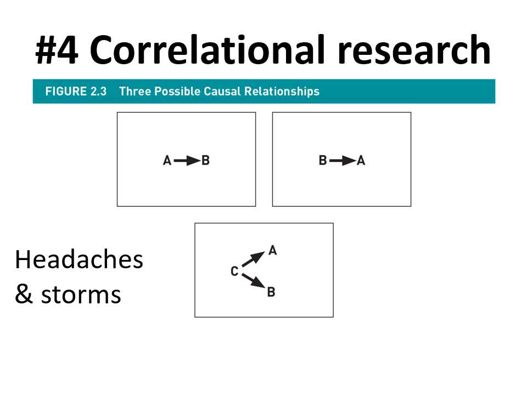So if we use the example of headaches and storms, this first example here, A causes B, A could be the headache, B could be the storm. So somehow someone has a headache and that causes a storm to happen.